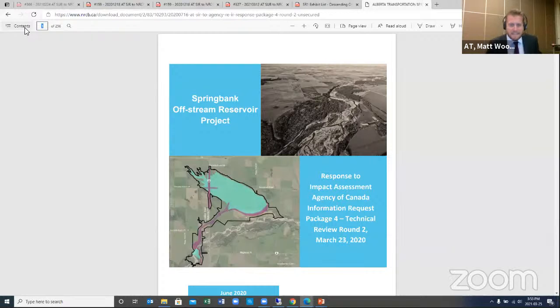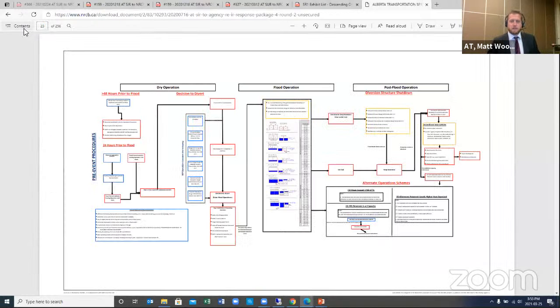Again, it is exhibit 218, PDF page 23. This operational flow chart that we see here was developed by AT with AEP and the City of Calgary, who operates Glenmore. It shows how the two structures interact and how AEP plans to operate the system.